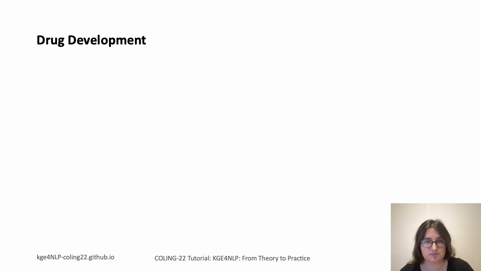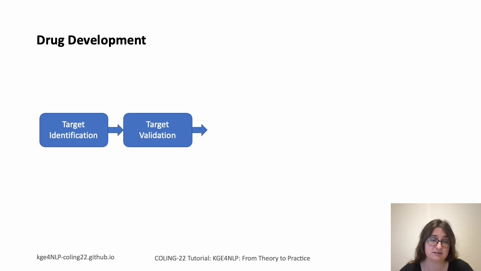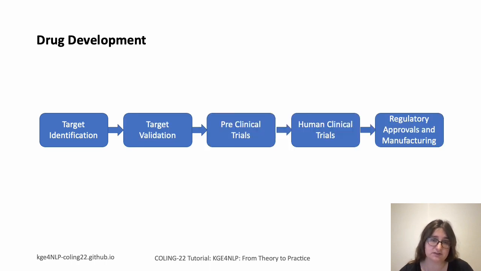First, we will look at drug development. From gene identification and defining a compound to target the gene, to experimentation on animals and humans, it is a very convoluted process. Some of the steps include target identification, target validation, preclinical trials, human clinical trials, and finally regulatory approvals and manufacturing.